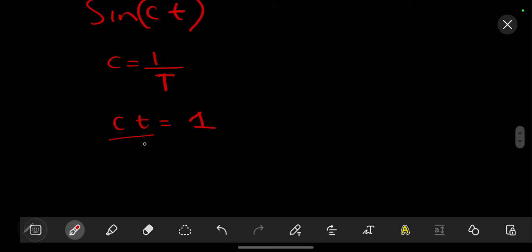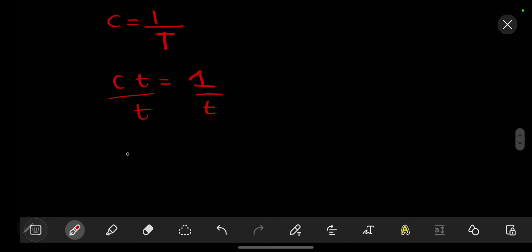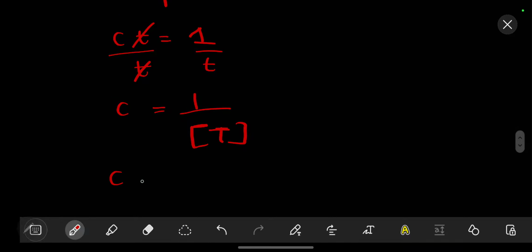You can just divide over the time. So the dimensions of c, using a capital letter for time, are 1 over T, which can also be written as T raised to the power negative 1. This is how we do that one.